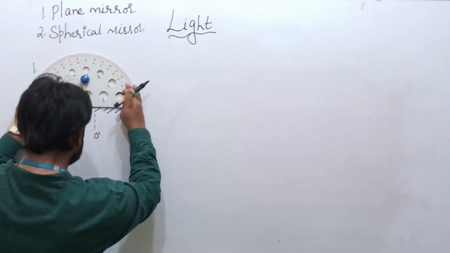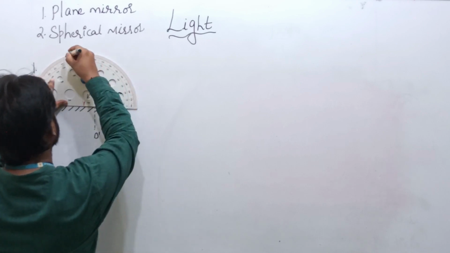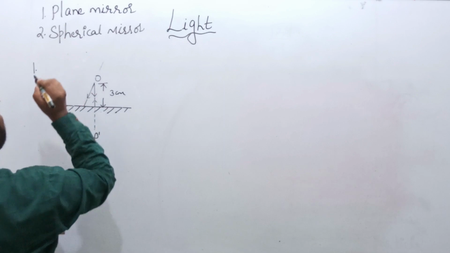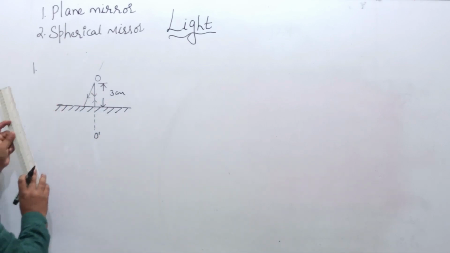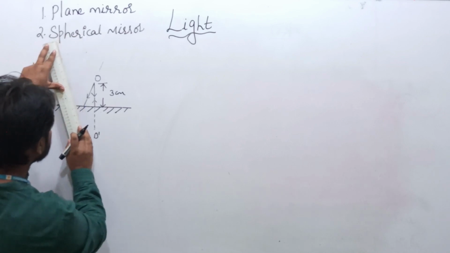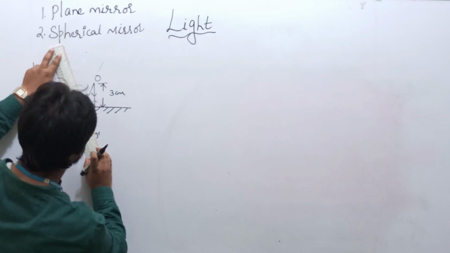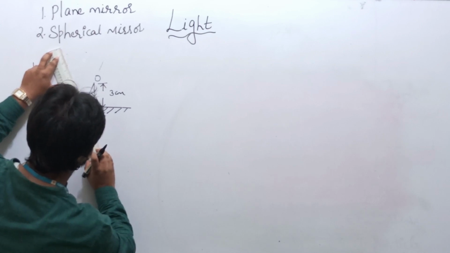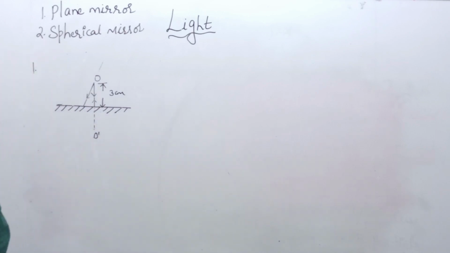So let me take 70 degree on the other side also. If I take it here, this will be 70 degree. Now if I draw, this is our normal. Now the reflection is like this. The reflection is going to take place at this point. If I join... 70 degree, right? Let me check.